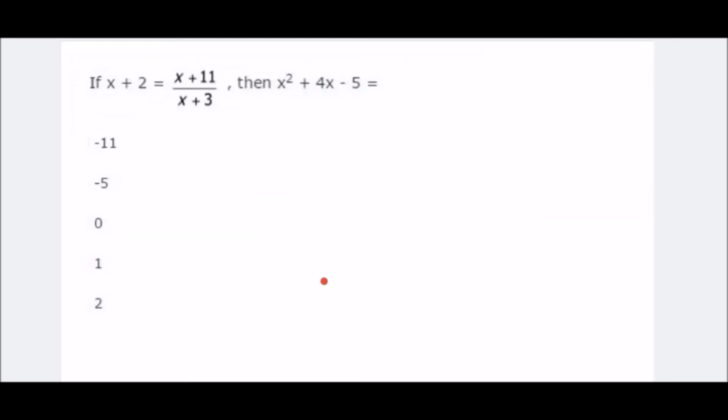This is our next question. If x plus 2 is equal to (x plus 11) divided by (x plus 3), then x square plus 4x minus 5 equals, we need to find this value. First analyze this equation. x plus 2 is equal to (x plus 11) divided by (x plus 3). So cross multiply it. That will become (x plus 2) into (x plus 3) is equal to x plus 11.